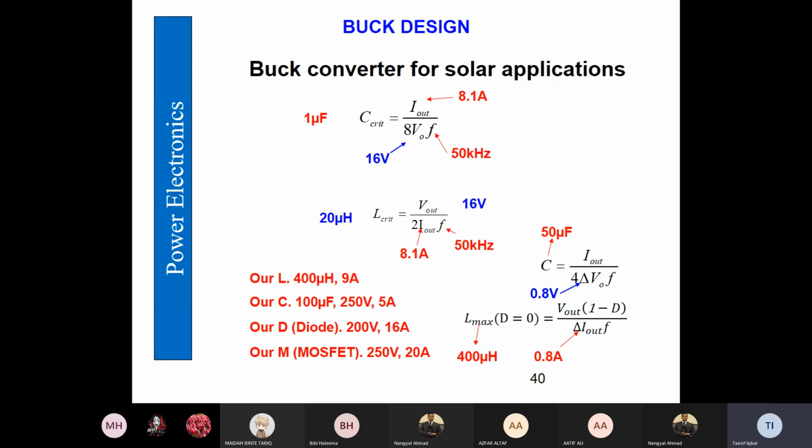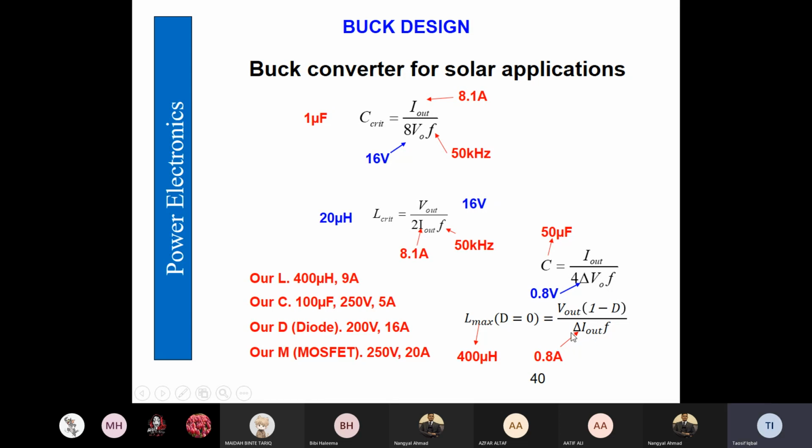And then we found out the values of critical capacitance, critical inductance, as well as the value of actual capacitor and inductor when we are given the required ripple factors. So in case the ripple factor is 5% for voltage, that means from 16 multiplied by 5%, we get the ripple equal to 0.8 volt.